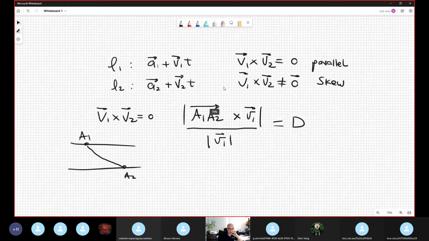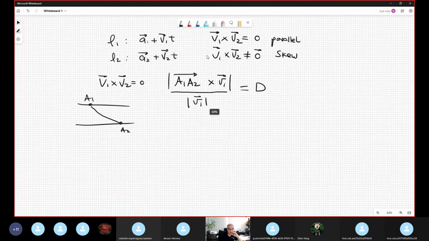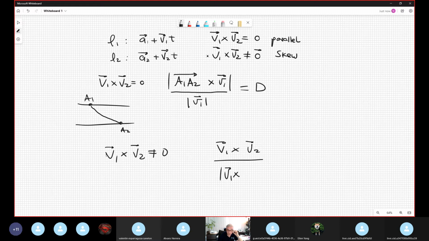Oh, skew, no. Skew is more complicated. Skew is when you identify first that the cross product is not 0. Then it is skew. You take the direction vector of each line separately. You perform a cross product and you divide by the magnitude of this cross product. What are you doing? Well, using a unit vector.